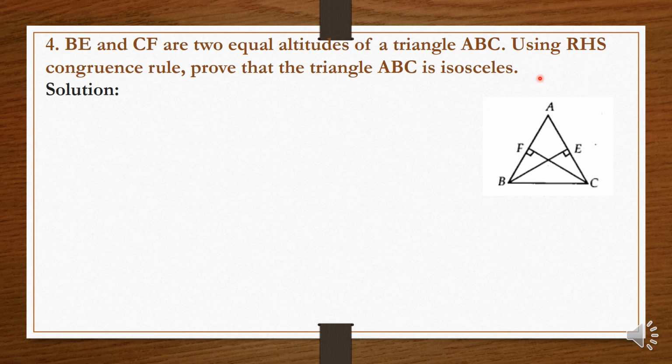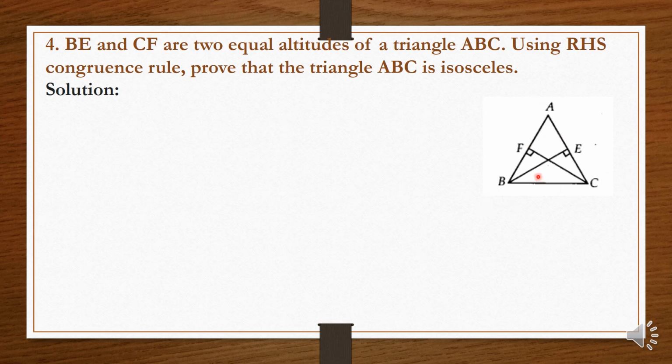So since they have asked us to focus on the RHS congruence rule, we have to focus on the right angle triangles here. So the right angle triangles here are BEC and CFB. Clearly, we can also say that we have AFC and AEB as the right angles, but we have other relations here as well.